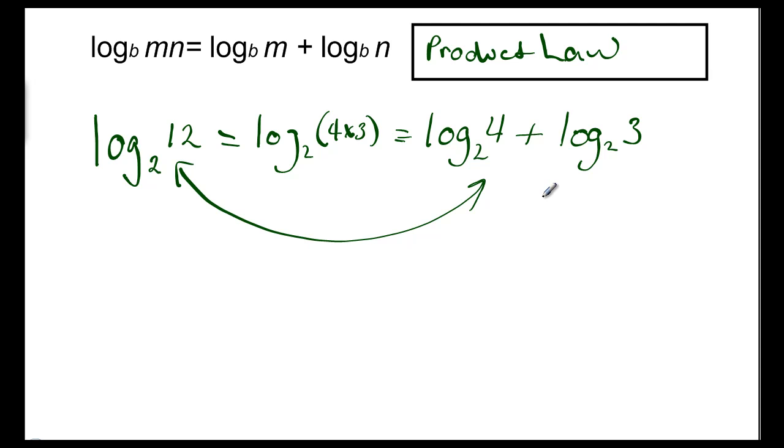The last law is called the quotient law, and once again there is a proof that you can run through, but in essence of time, the quotient law looks like this.